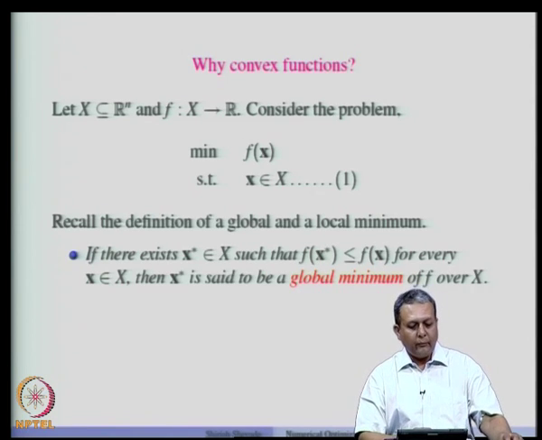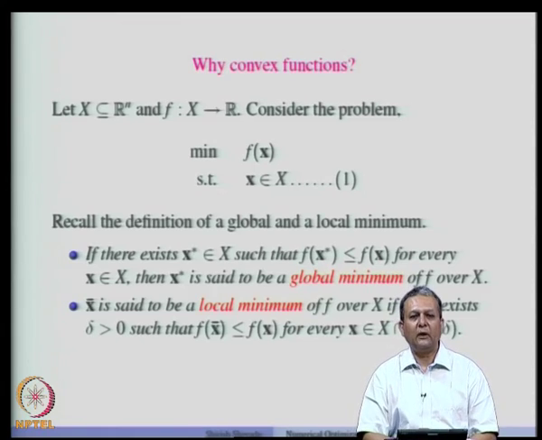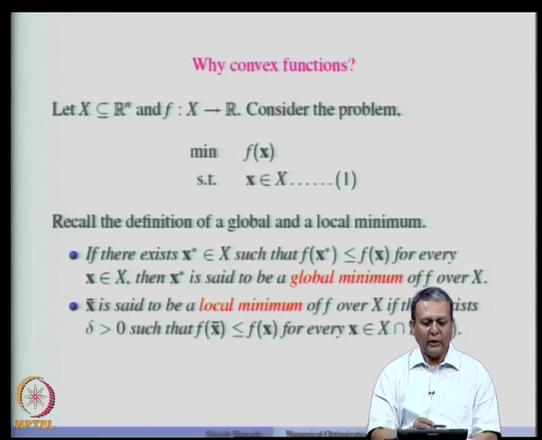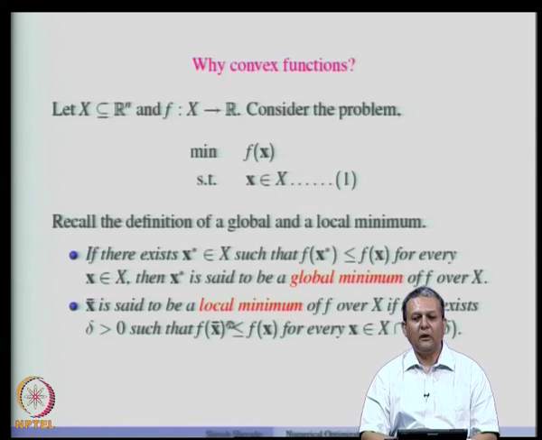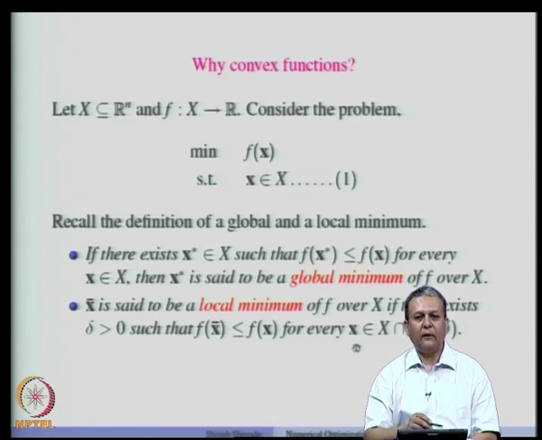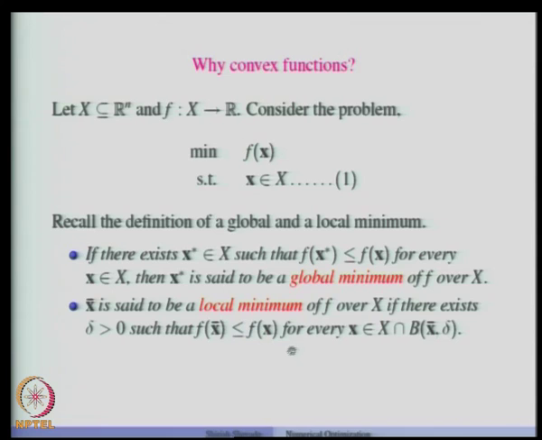So, we also use the definition of a local minimum. A point x bar is said to be a local minimum of f over X if there exists a delta neighborhood of x bar, B(x bar, delta), and we take an intersection with the set X, because we are always worried about the feasible points.